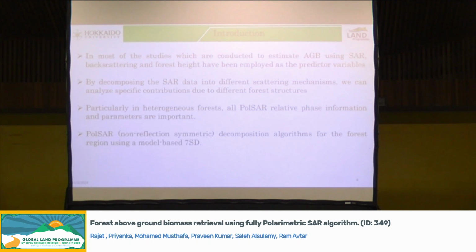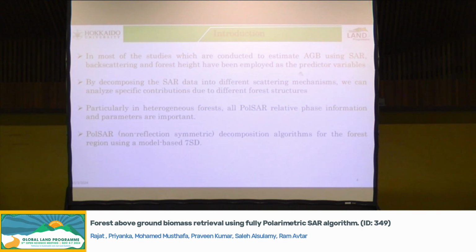Using the synthetic aperture radar, most of the algorithms use the SAR backscattering as the predictive variable for the forest biomass estimation. But we thought that if we decompose the SAR backscattering into the different scattering powers that can generate due to the different structures in the forest, like interaction from the canopy and interaction from the woody region of the forest, and the ground and the tree stem interactions.